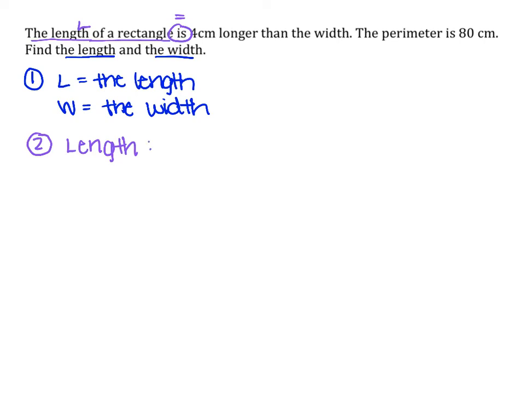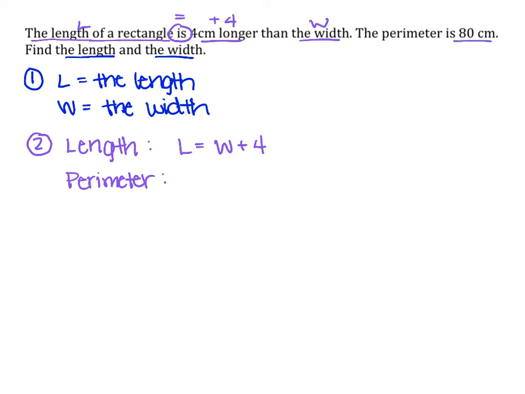And then my second equation is going to be one for the perimeter. So the length of a rectangle, L, is 4 centimeters longer, which tells me I'm going to have plus 4 at the end, than the width, which was W. So L equals W plus 4.